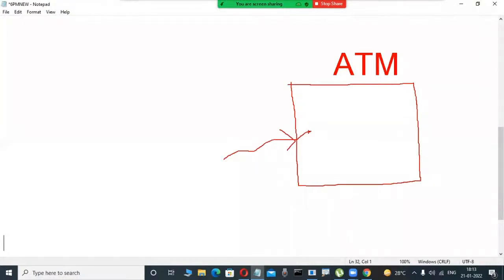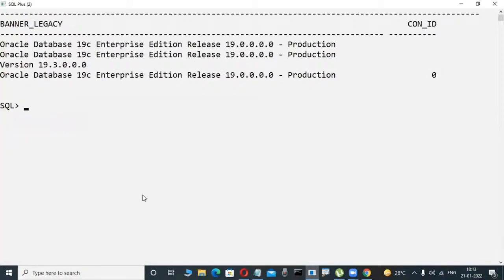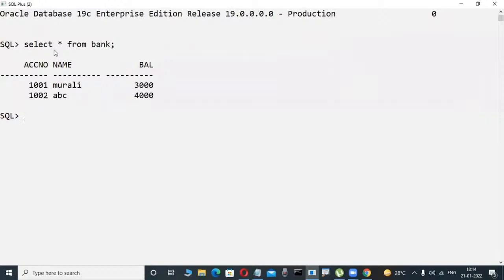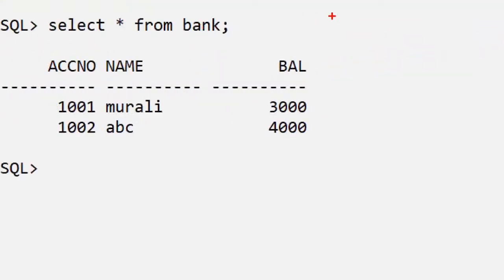Now check it out. Slowly observe the screen. Suppose in this database, observe here, bank is a table, for example. Just observe the scenario, a very easy way to understand. This is a bank table. In table format only, we are storing the data in the future.